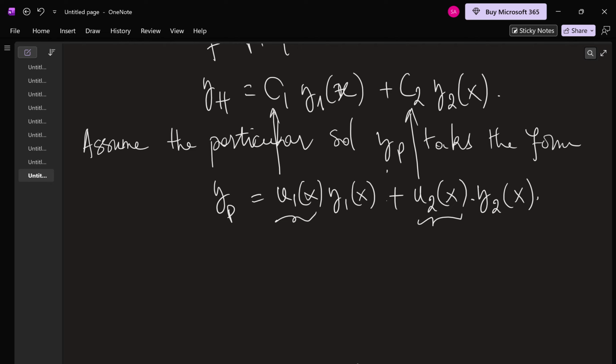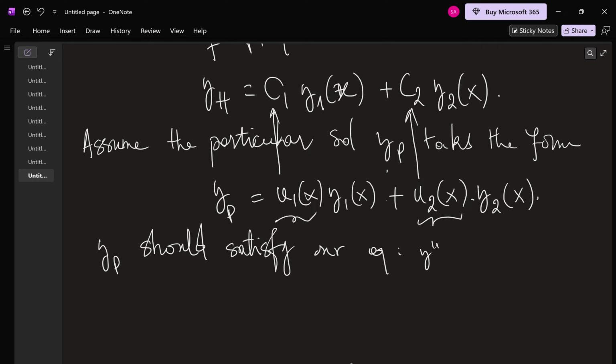So the first equation is that yp should satisfy our equation, y double prime plus p y prime plus q y is equal to g of x, of course.